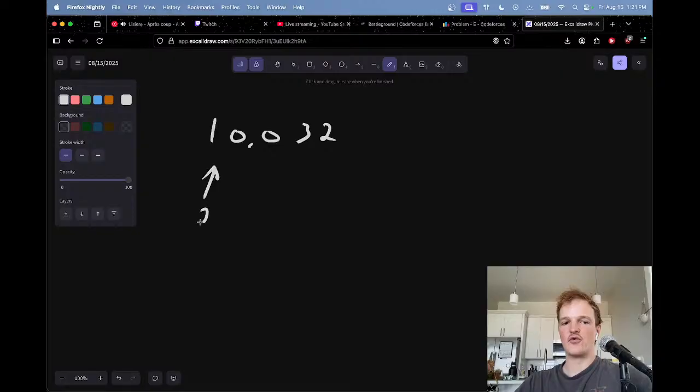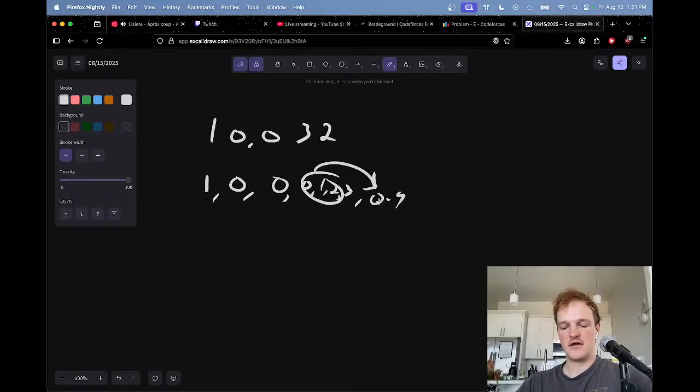If I started with 2 at the front, immediately that's too big. So any number below this, if I'm trying to calculate some aggregate of all that stuff, this needs to be 1, and then this has to be 0, because it can't be above that. But now I could have this be 0, 1, 2, or 3. And as long as this is anything other than 3, then the final thing can be anything 0 to 9. Or I could say this is a 0, in which case anything could be anything from 0 to 9, and it would still be legit. But I can't do that here because I don't want to calculate things that start with 0.